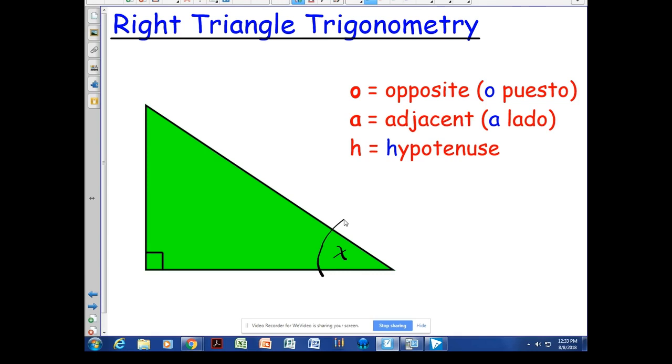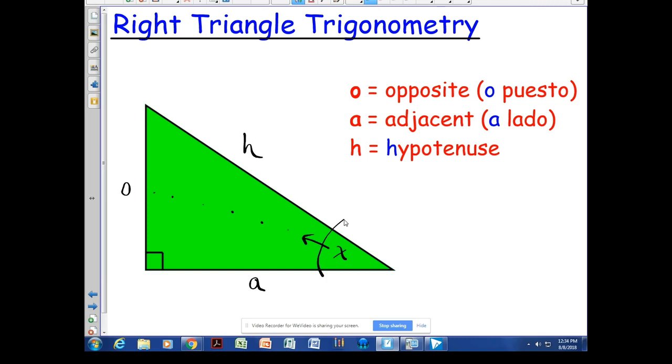I like to draw an arc, which I call the bow, and then I draw an arrow in the bow and shoot it across the triangle, and this side will always be the O, opposite of the angle that we're going to be using. The hypotenuse never changes, so I usually put that on second. And then the third side, the leg next to the angle, is the A, the adjacent side.